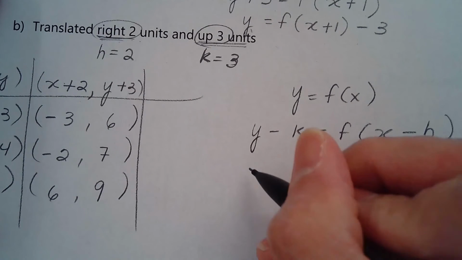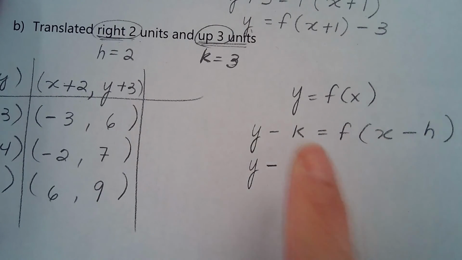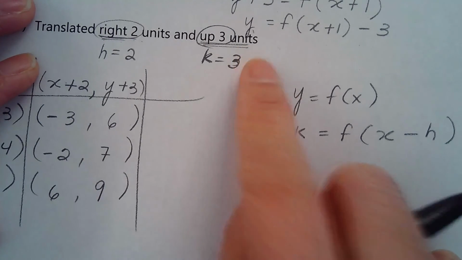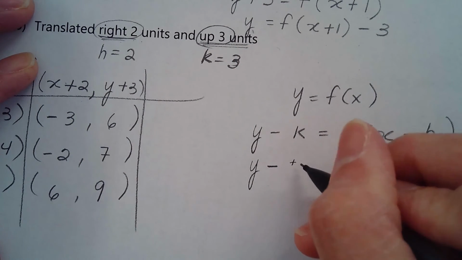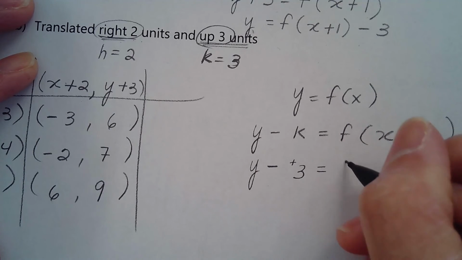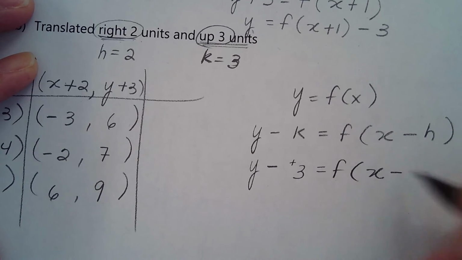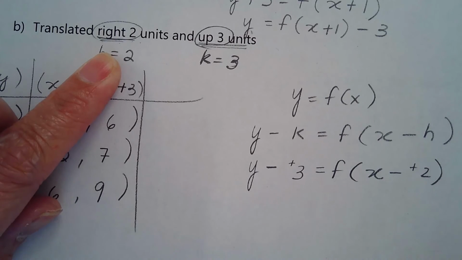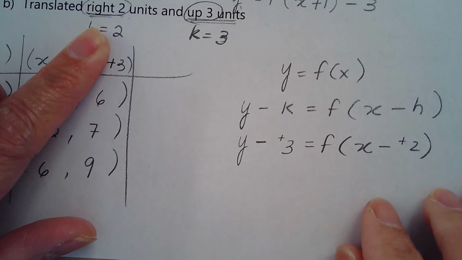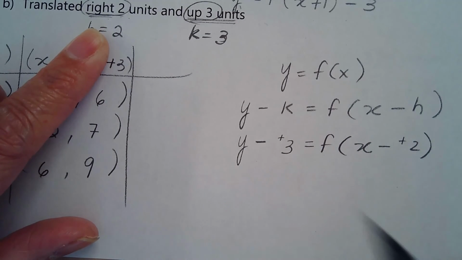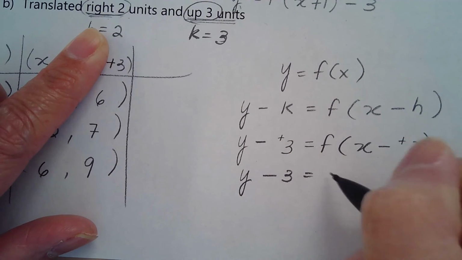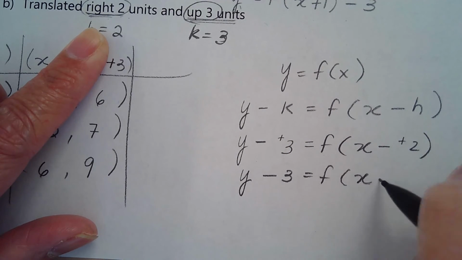Our k is positive 3, so I'm just going to go plus 3. x minus h is x minus 2. So you could just write that simply as y minus 3 equals f of x minus 2.